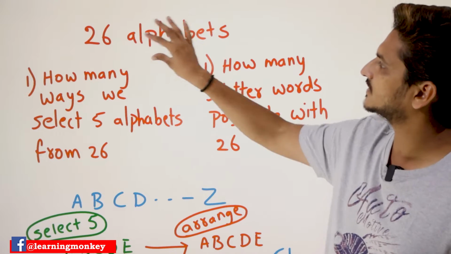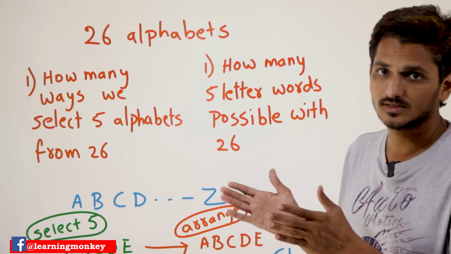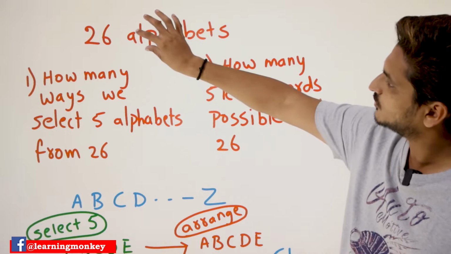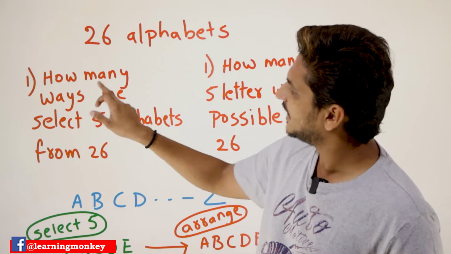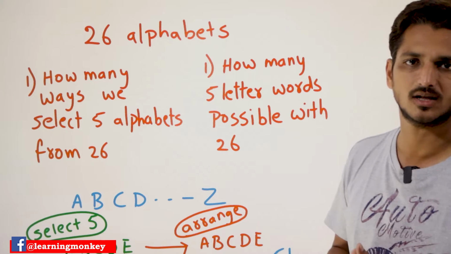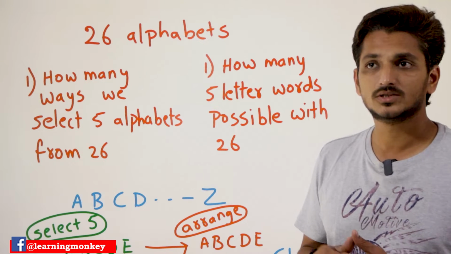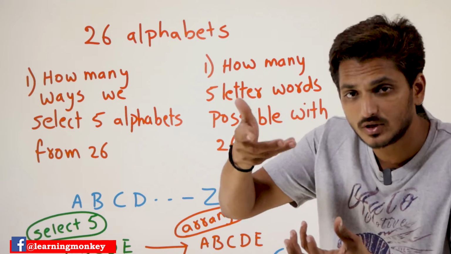Let's take 26 alphabets. In our English language, we have 26 alphabets. The question is like this. How many ways can we select 5 alphabets from 26 alphabets? Means how many ways you can select 5 alphabets from the available 26 alphabets.